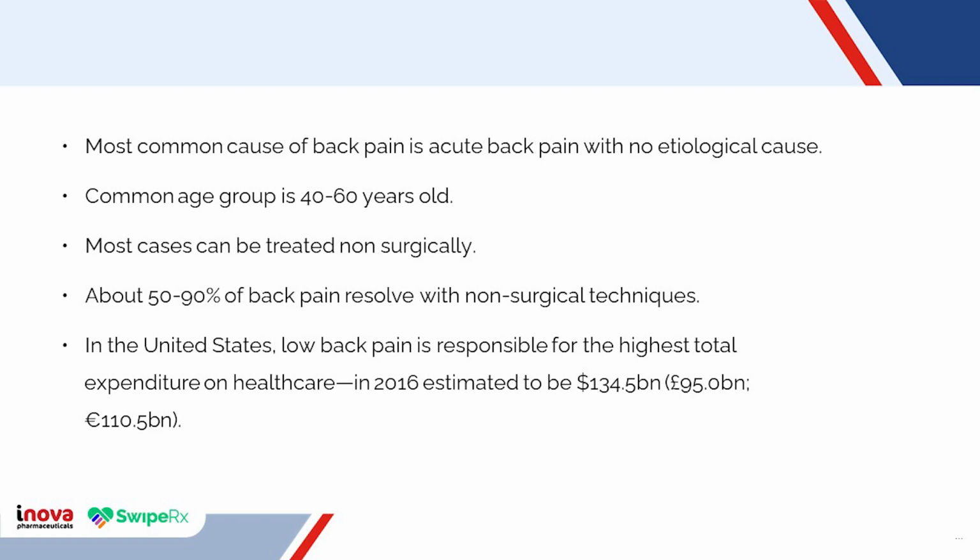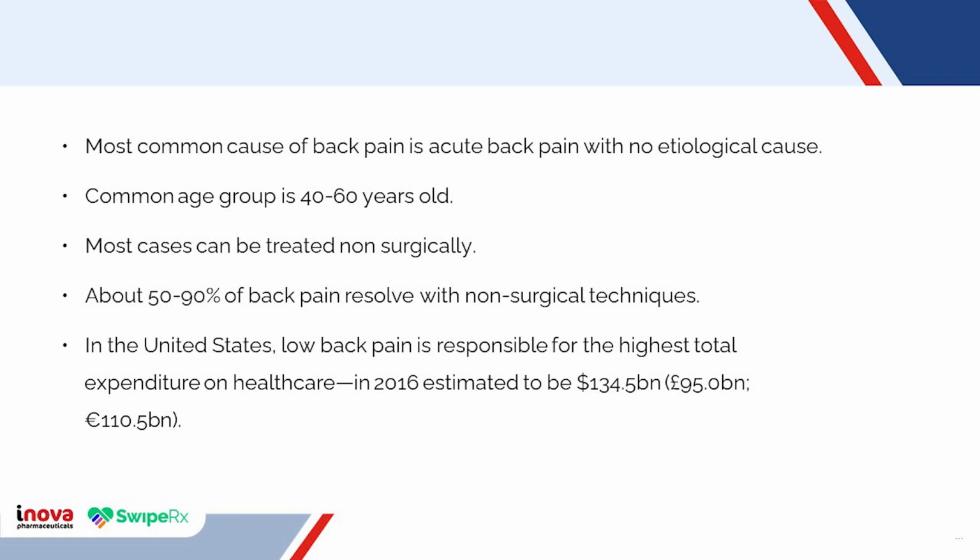The common group of patients who present is usually in the age group of 40 to 60. In most cases, I would say about 80% of them can confidently be treated as outpatients and do not need admission, and only in selective cases do they need further imaging on the first initial visit. The most common cause of back pain is acute back pain with no etiological cause. That means there is no notable cause of the pain.